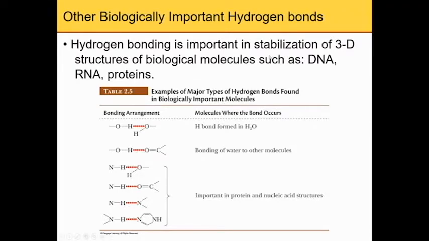So hydrogen bonding is important to stabilize the 3-dimensional structure of biological molecules like DNA, RNA, and protein. For example, the hydrogen bonds between the strands of the double helix DNA, and also the hydrogen bonds in the secondary and tertiary structure of the protein.